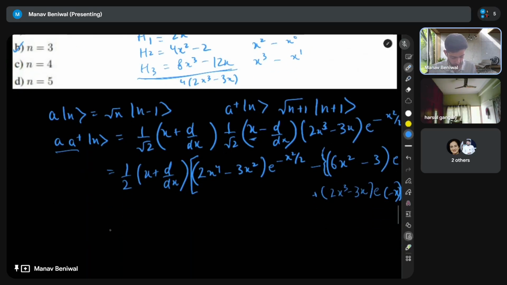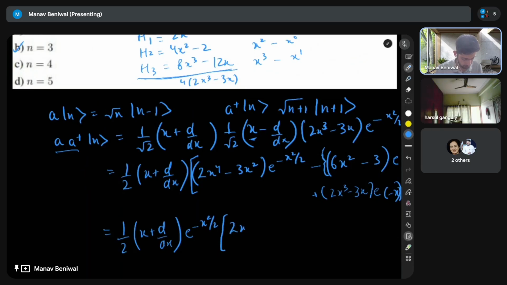Okay, so let me simplify this a little bit. So x plus d by dx comes here, and then in brackets, let's take out this exponential term outside, so e to the power minus x squared by 2 comes outside, and inside then we have 2x to the power 4 minus 3x squared.